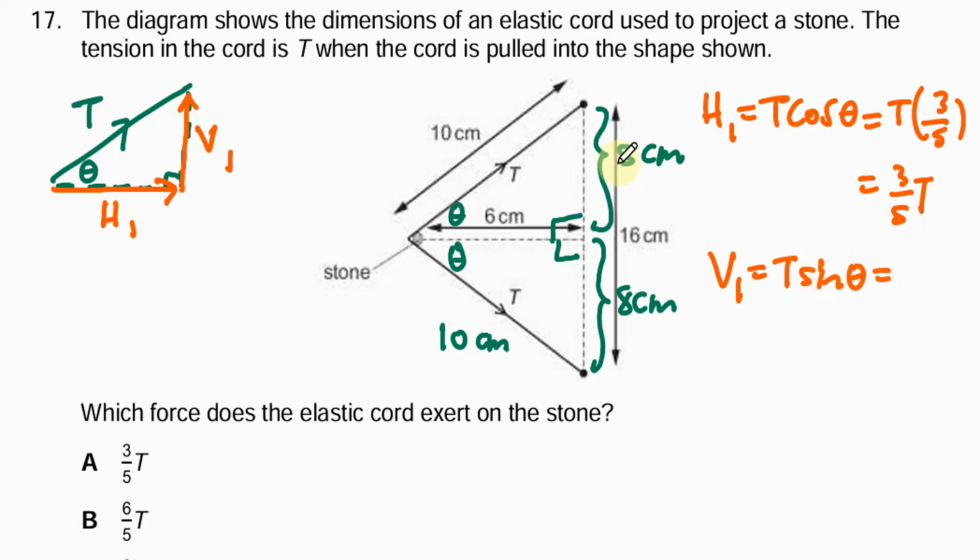And the sine of theta, of course, is 8 over 10, which is 4/5. So this is 4/5 T. Then when we consider the bottom tension here, we know that the bottom tension can also be resolved into two components.